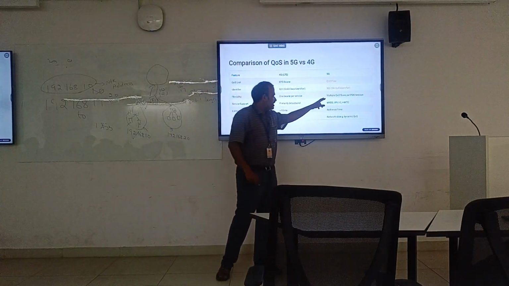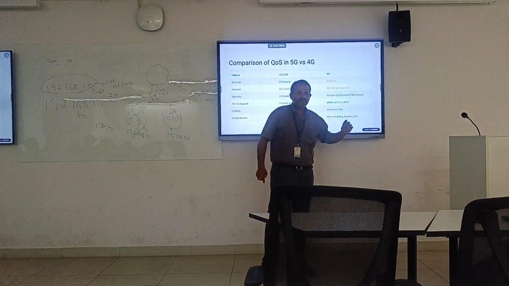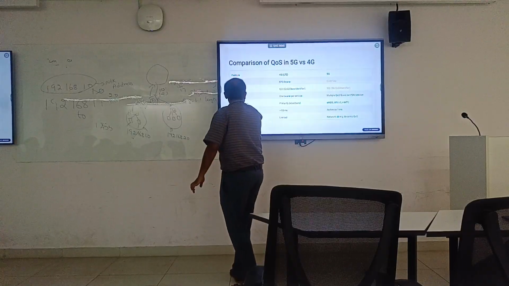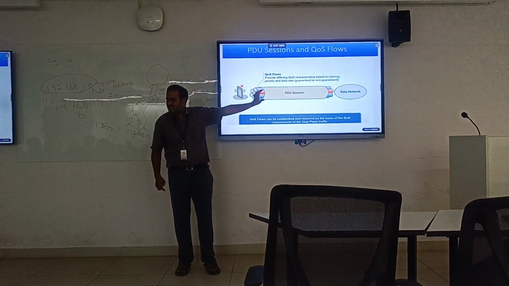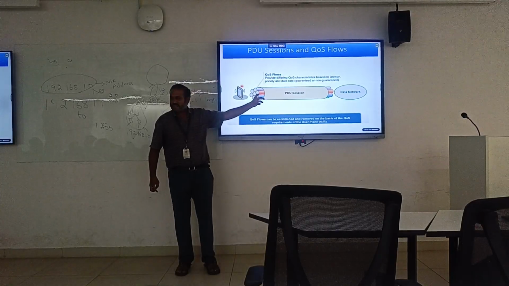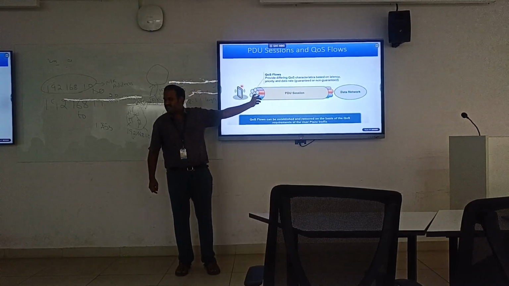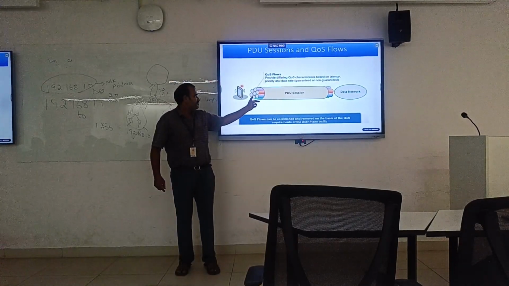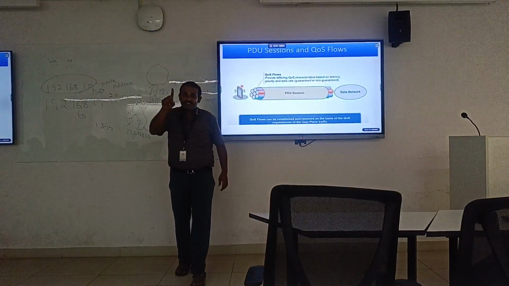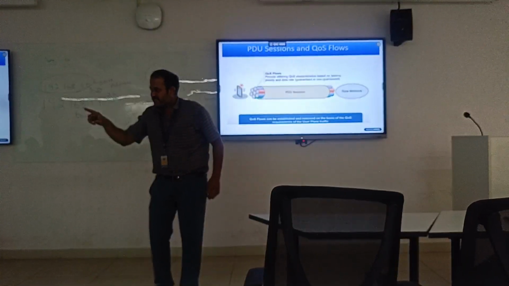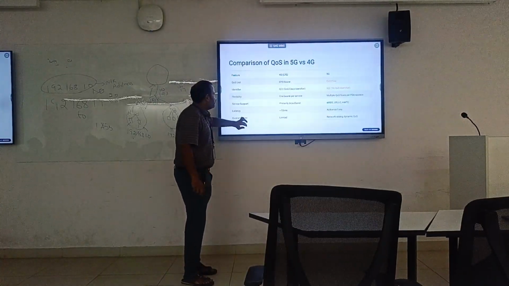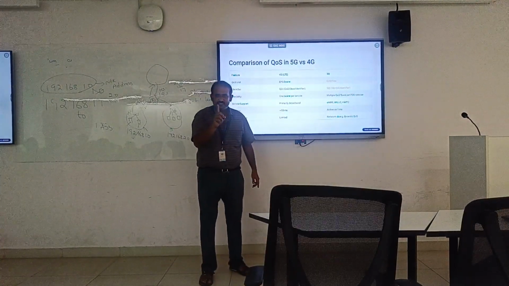So here the flexibility is multiple QoS flows per PDU session. Just imagine, this is your PDU session, correct? You can see how many flows are given here. This is for example 1, 2, 3, 4, 5, 6, 7. So 7 QoS flows will be given. Okay, so this is in 5G, correct? But in 4G, you have only one parallel service.